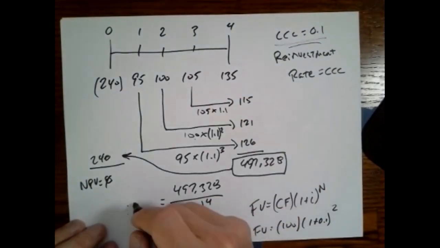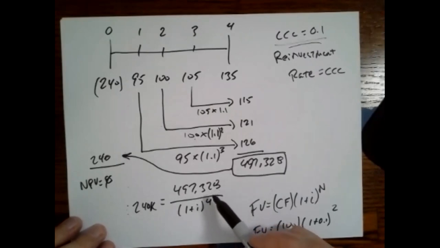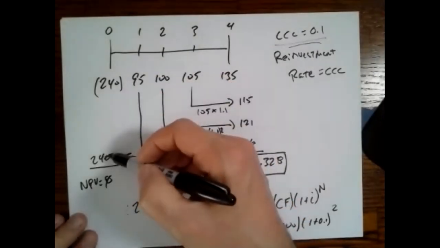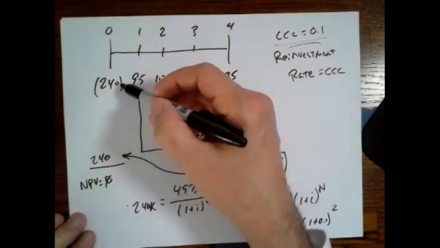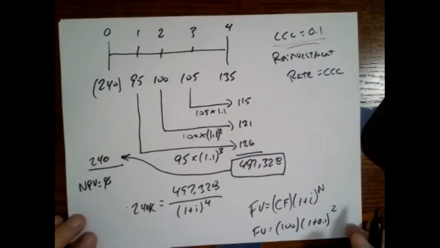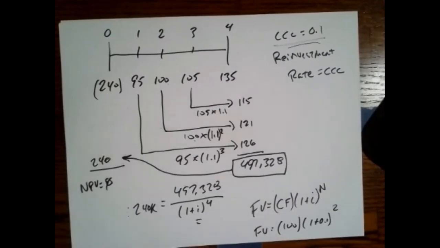What do I need to use as a discount rate to bring the 497 back to the present and have it equal 240, so that when I add the 240 to my negative 240 investment, I wind up with an NPV of 0. So that's what we're going to do next, is we're going to figure out what that I would be. Now you could do that.